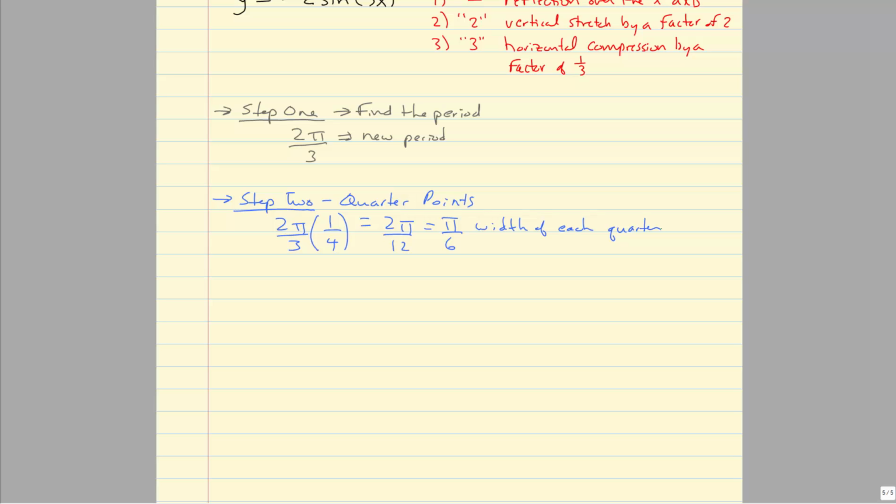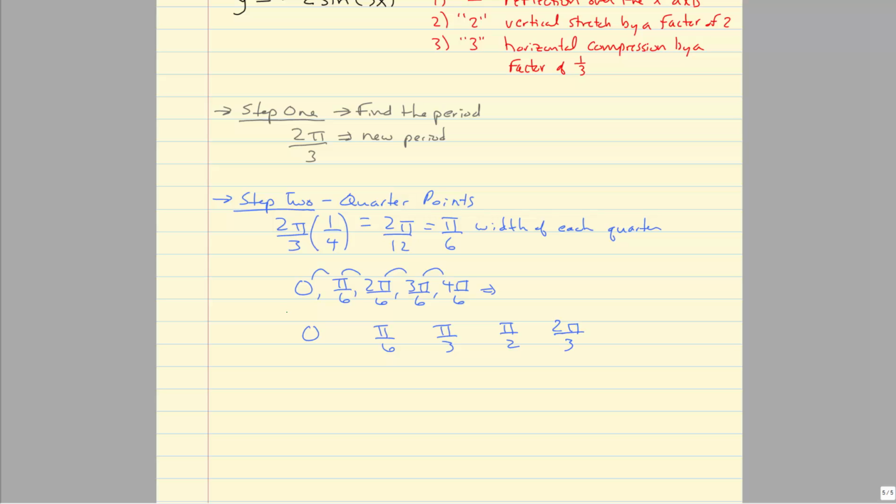So usually with my cosine graph, I'd start at 0, and I'm going to add a pi over 6, 2 pi over 6, 3 pi over 6, 4 pi over 6. So if you notice, I have 1, 2, 3, 4 quarters, which is what we want. Now we're going to rewrite these in reduced form. So they're going to be 0, pi over 6, pi over 3, because 2 pi over 6 reduces, pi over 2, and 2 pi over 3.